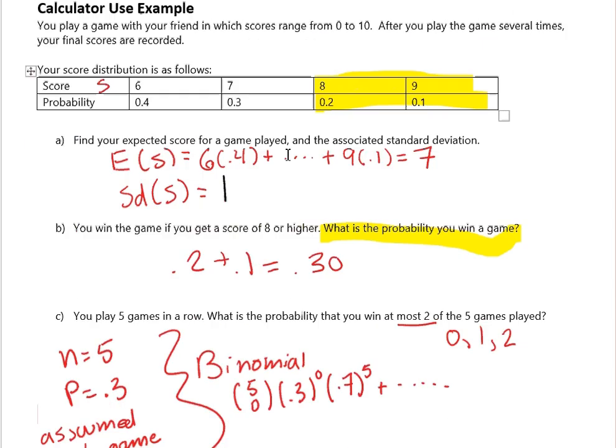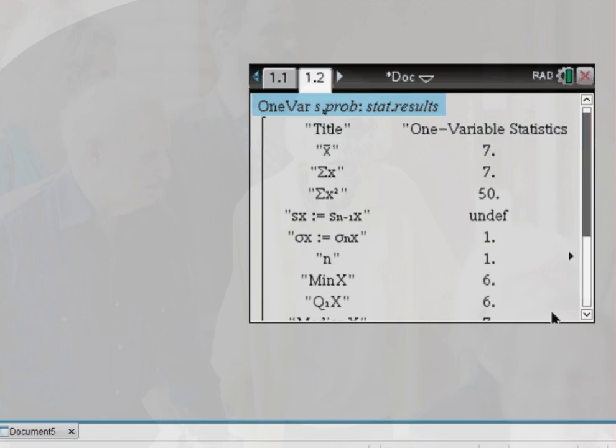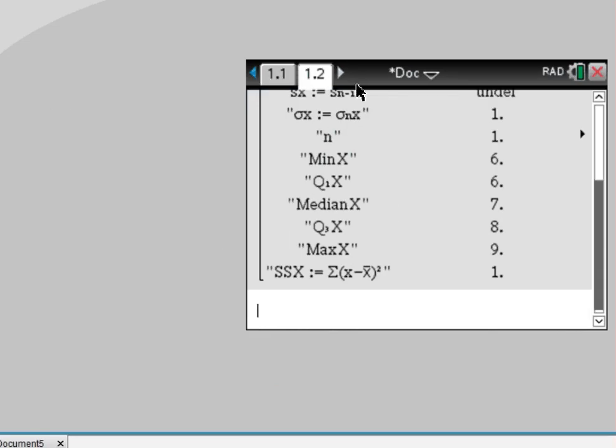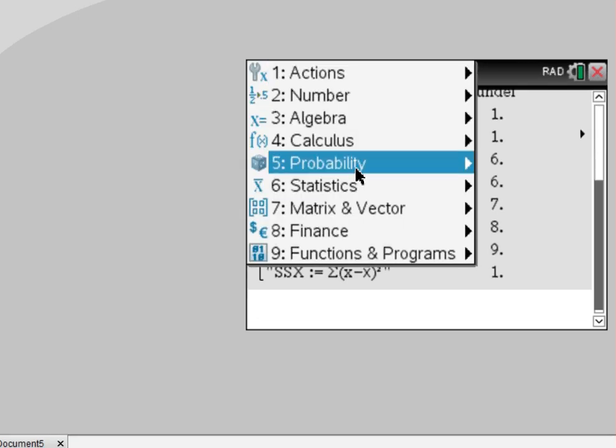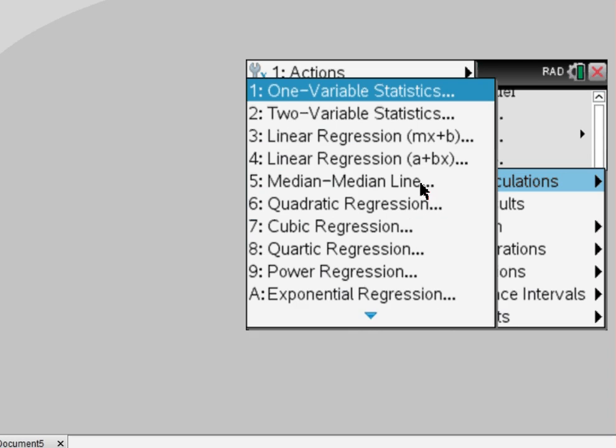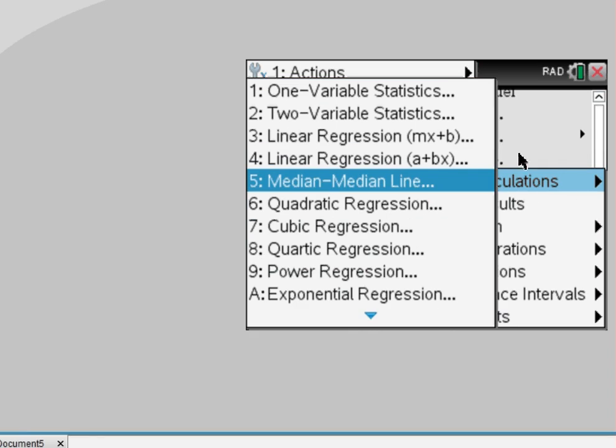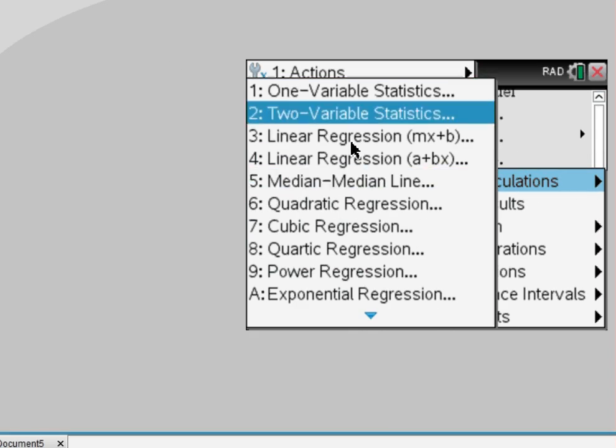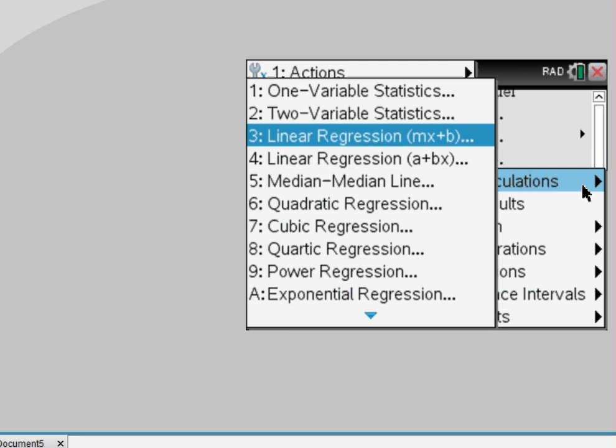So I'm just going to do menu, statistics, and then I would like to use a distribution.